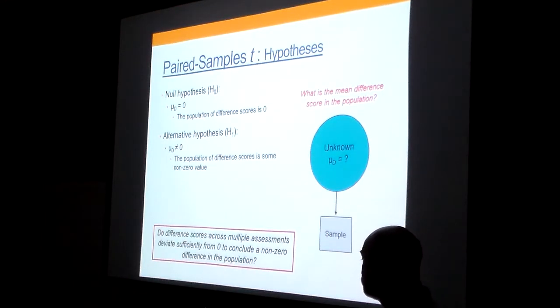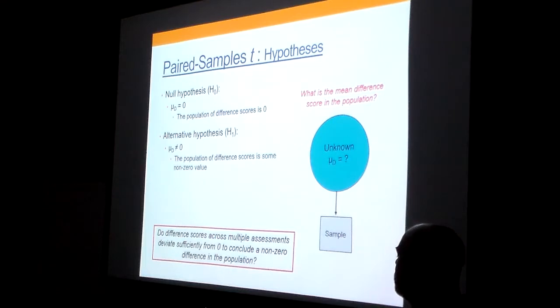Do difference scores across multiple assessments deviate sufficiently from 0 to conclude a non-zero difference in the population? Again, we're still working with a population. It's just a population where we've looked at the difference between time 1 and time 2 on multiple occasions, and our sample is just looking at that. But our unit, our metric, our output is difference scores when we're working with a paired sample test. Okay.